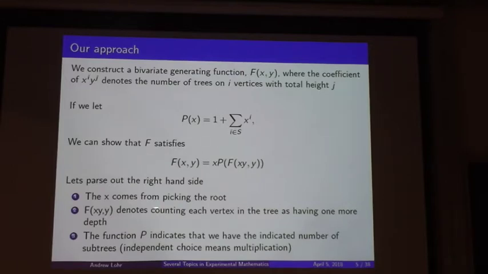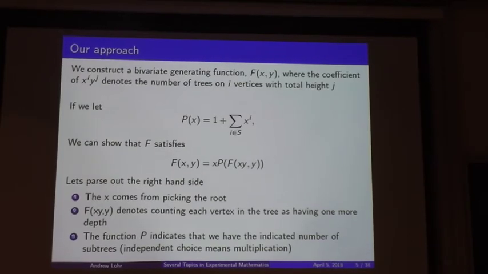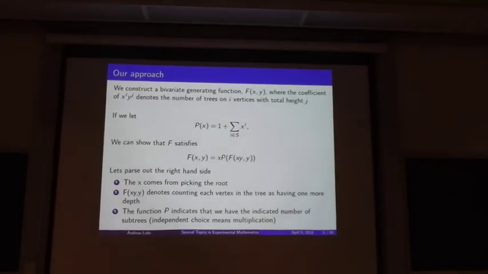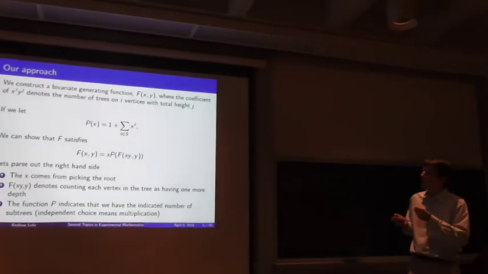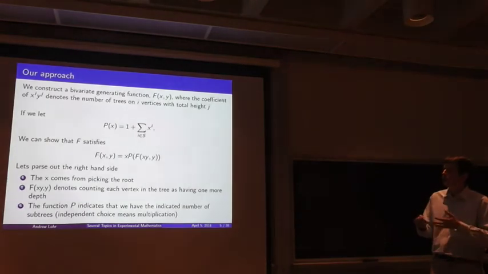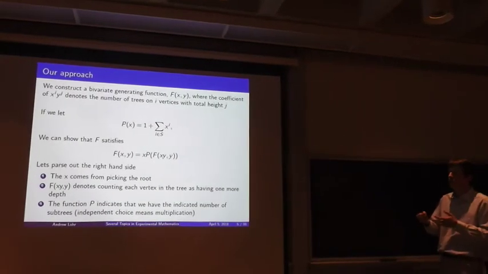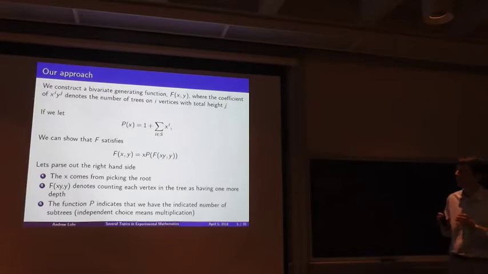And then this f(x y, y), why do we change this first parameter in the function? Well, that's the first thing we pass in, and that's going to be showing up every time an x would show up. So if we add that factor of y in for the first argument, then every time a vertex shows up in one of your subtrees, you're counting the height as if it were one higher than if it weren't a subtree of the current thing you're working on.